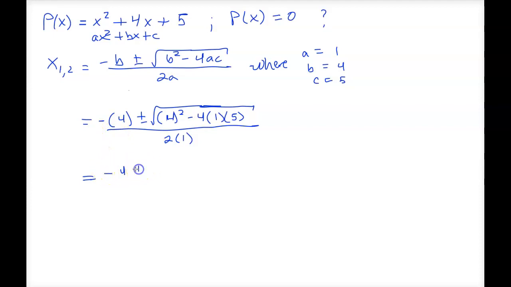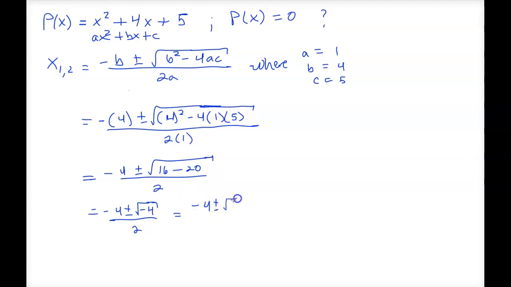So we got negative 4 plus or minus the square root of 16 minus 20, all that over 2. Of course, we know 16 minus 20 is negative 4. And we know the square root of negative 4 is the same as the square root of positive 4 times the square root of negative 1. This is 2, all that divided by 2.